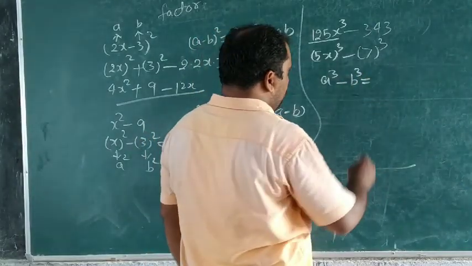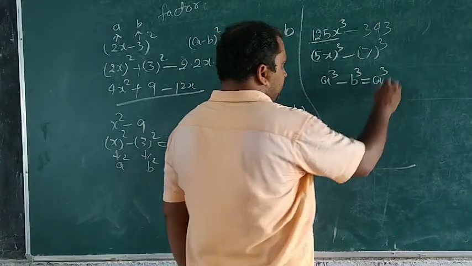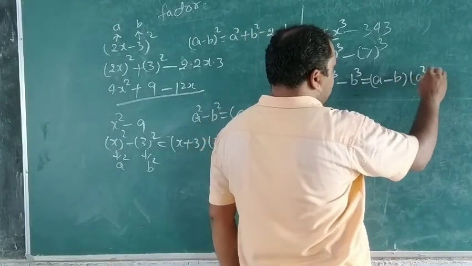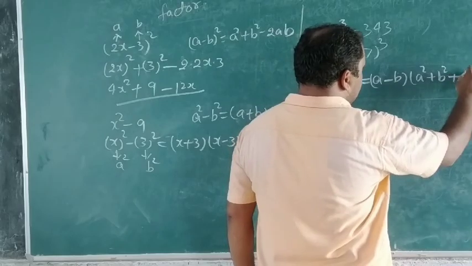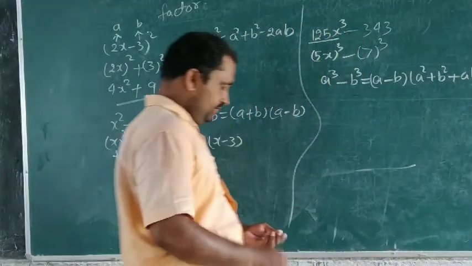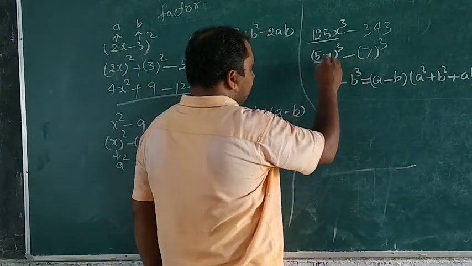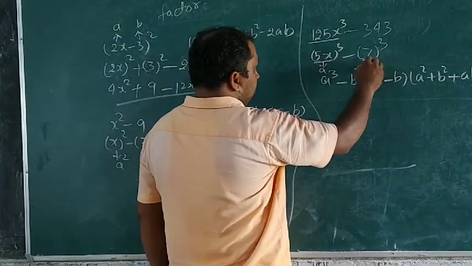a cube minus b cube will be equal to 1 bracket a minus b, another bracket a square plus b square plus ab. 5x minus 7 का whole cube, 5x is a, 7 is b.